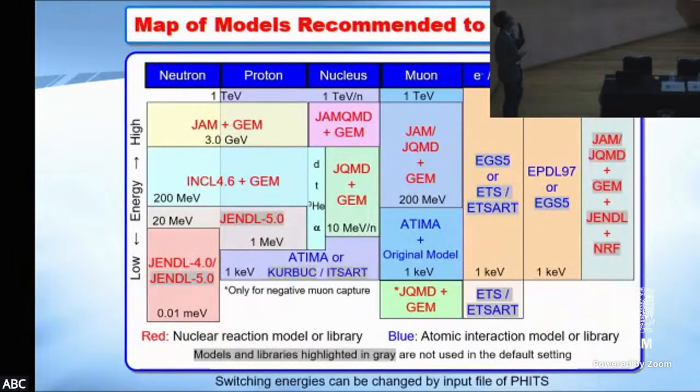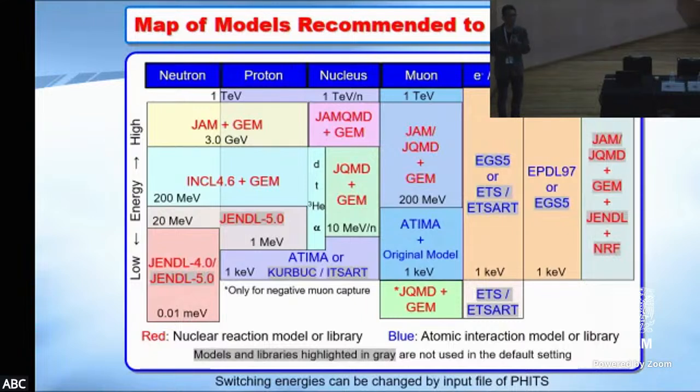So here is a map of the models recommended for use in PHITS. Unfortunately, there is no perfect model that can transport all kinds of particles. So in other words, PHITS plays such a role: we combine many models.